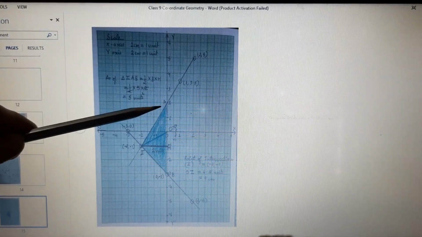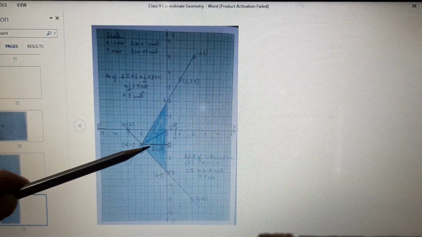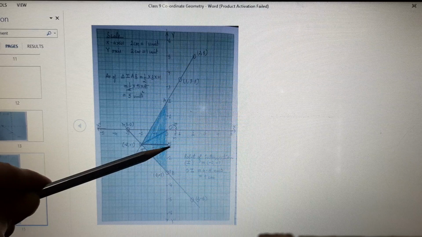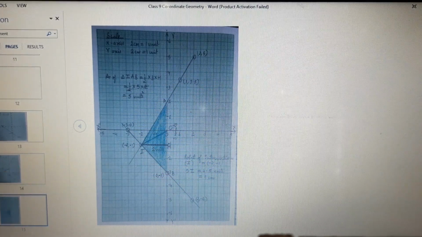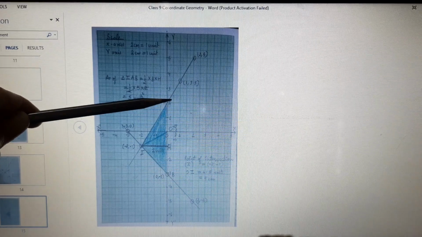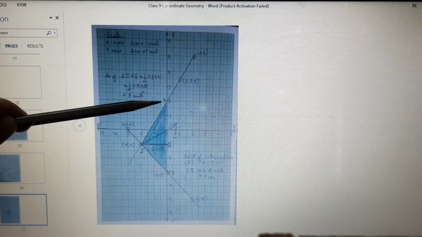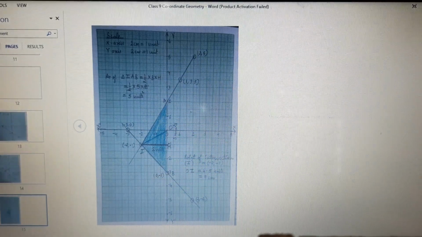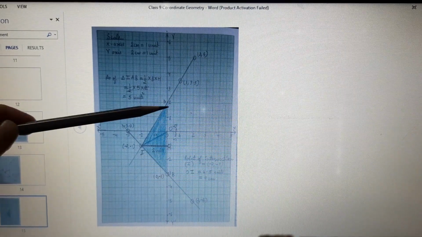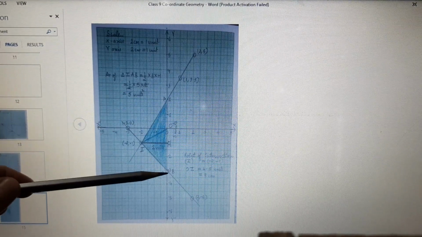So the base is what? AB is the base. From here to here it is the base, and we have dropped a perpendicular. IM is the perpendicular. Are you getting it? You can measure with the help of the scale or count. I'll suggest you count the blocks. So if we count the blocks, it is 1. I mean units if you count.